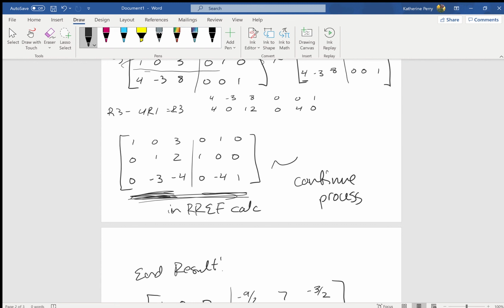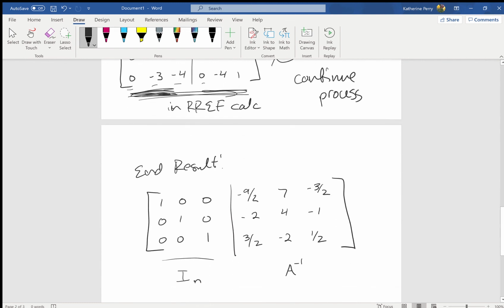So if I put this in my reduced row echelon form calculator, in this augmented form, the proper end result will still occur. So if it's possible to row reduce your matrix A to the identity matrix, then the calculator will still do that, and this A inverse will follow on the right.